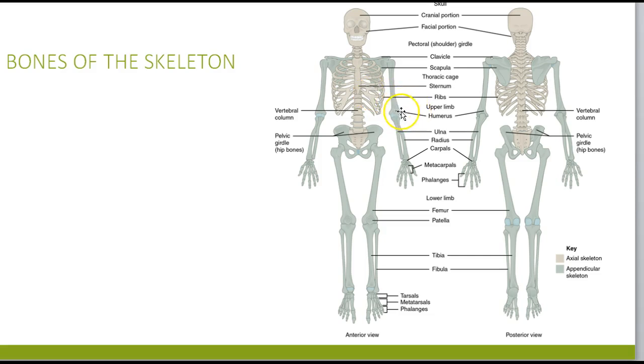Then we've got our humerus, back and front, our ulna and radius, our metacarpals, our phalanges. So we've got our carpals, which are our wrist bones, our metacarpals, which are in between our wrist and the little digits on the end, which are called our phalanges. We've got our vertebral column and our pelvic girdle, our hip bones. Okay, we've got our femur, our patella, our tibia, our fibula, our tarsals, our metatarsals, and our phalanges.